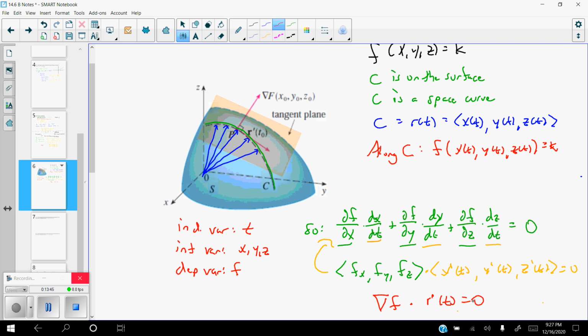And if you look over here on the graph, r prime of t is this piece right here. Your gradient is that piece right there, which is perpendicular to r prime of t. So this makes sense because the dot product of two things equaling 0 means that they are perpendicular.